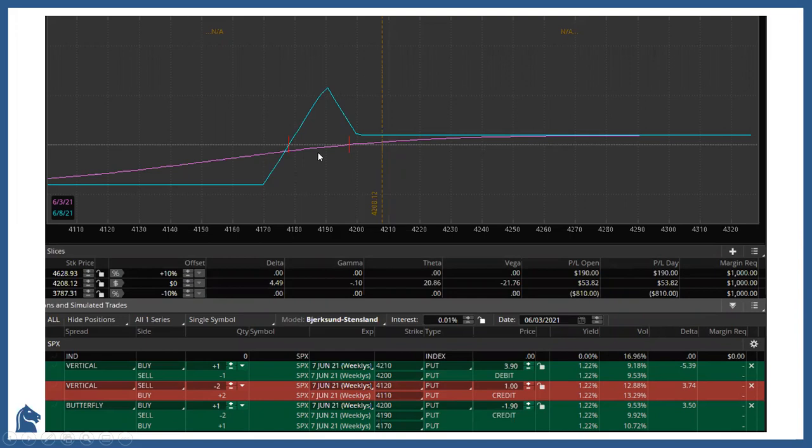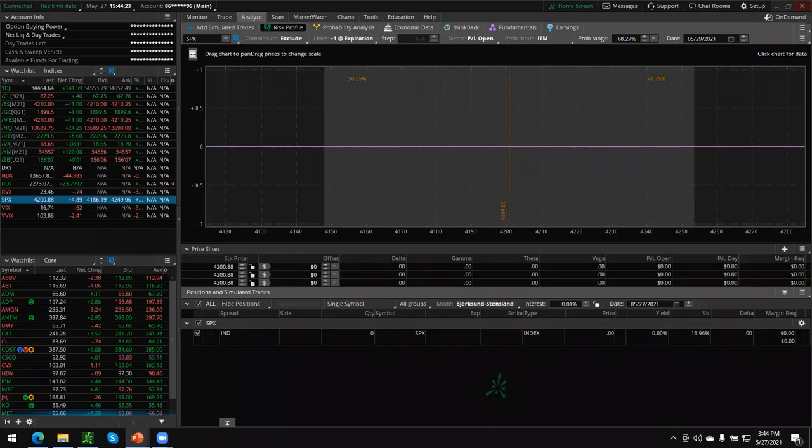But I chose this particular one as an example because it has the same margin as the boxcar did, $1,000. I wanted to see how these two compare: which one has less risk, which one has the debit spread closer to the money, and how much difference that makes. That's what I'm trying to show you here.